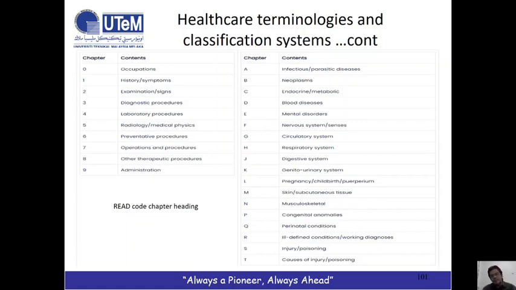So a student can also create your own terminologies in Bahasa Malaysia, for example, or in Arabic, or in Bahasa Indonesia, for example. Yeah, you can create it. But this is very tedious work. Developing terminology is very difficult.